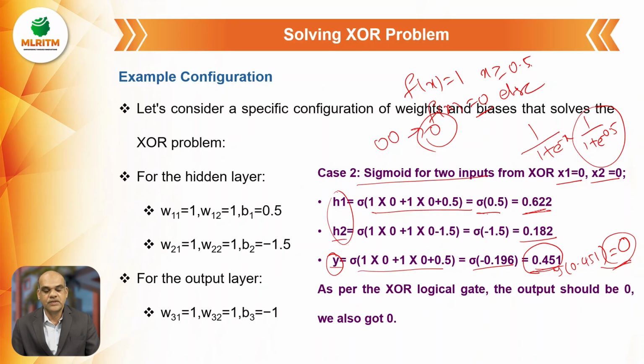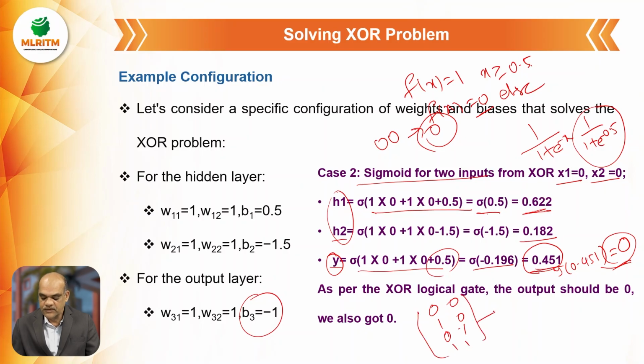Now let us try to modify this particular bias here. By changing the bias, again we'll calculate the sigmoid activation function. Let us see whether that particular value is matching or not. Likewise, here also we are going to give inputs 0, 0, 1, 0, 0, 1, 1, 1.